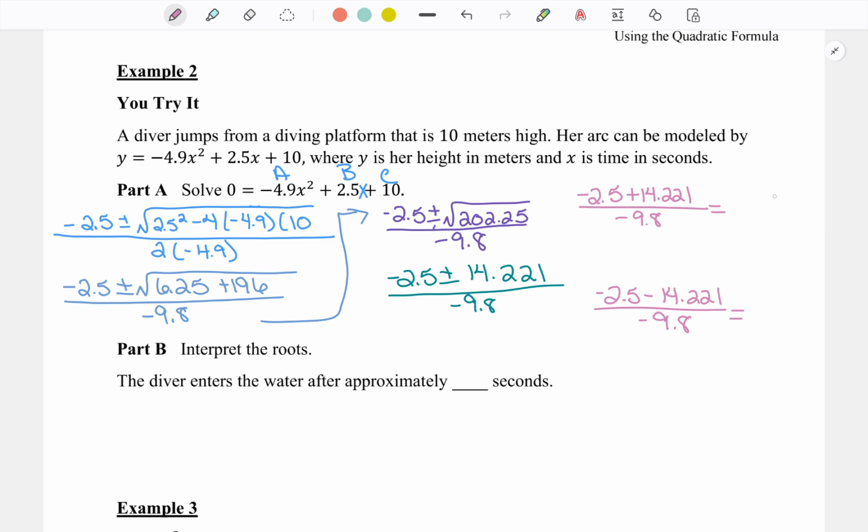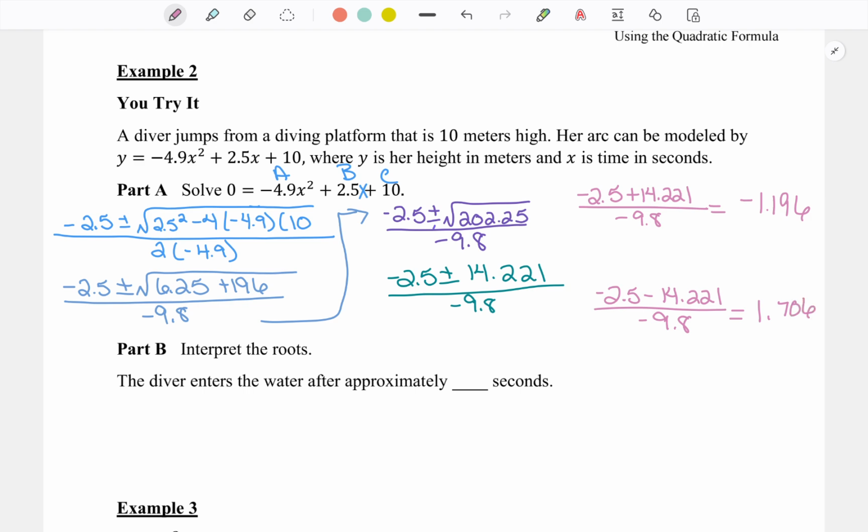And so for our positive case, we'll put this in the calculator and we get negative 1.196. And then for the negative case, negative 2.5 minus 14.221 divided by negative 9.8, and that gets us 1.706.